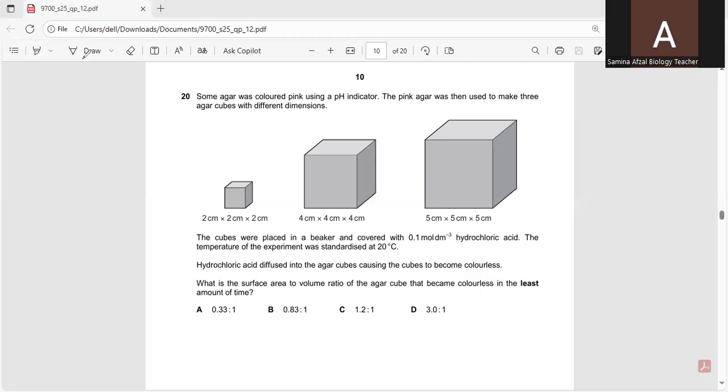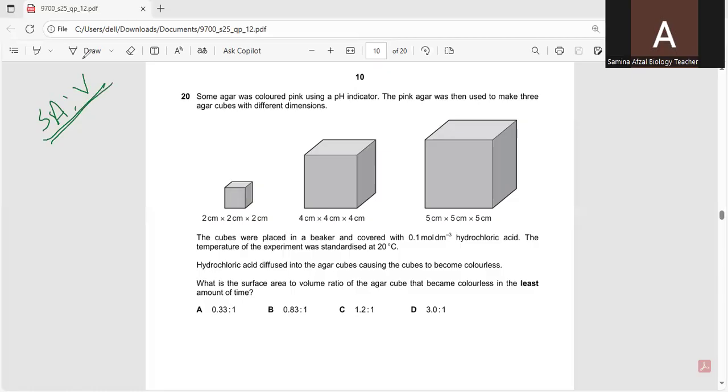So first of all, what is surface area to volume ratio? We need to calculate the surface area to volume ratio.